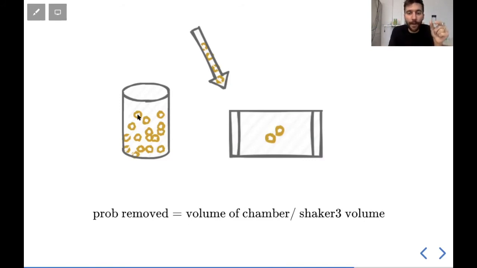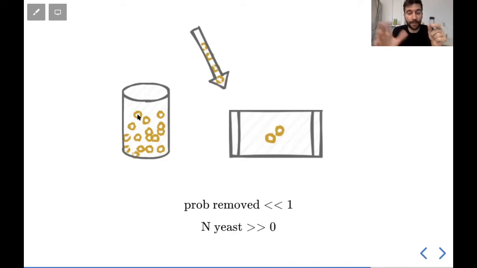Great. We also have the fact that we have millions of yeast in this final vial. The probability of being removed is very, very small, mostly because the hemocytometer volume is so small. So we could model the number of cells that land on the hemocytometer as a binomial.